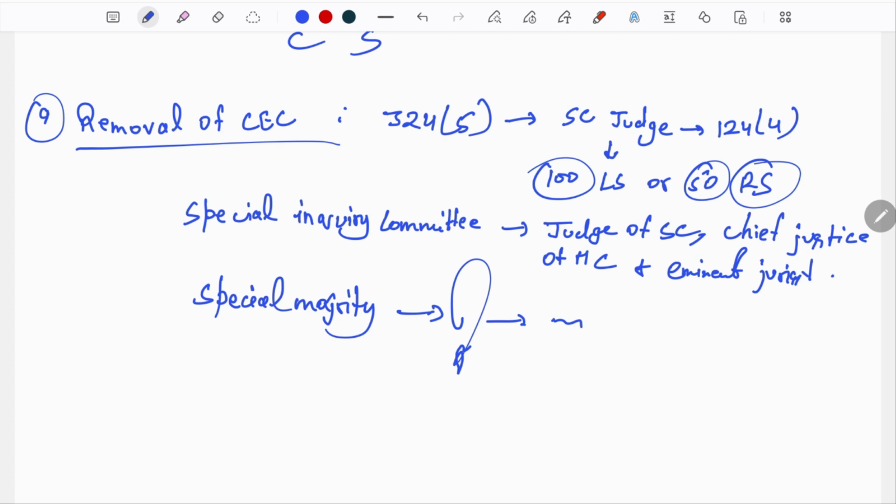It is the first instance, in March 2026, where a resolution for removal of a Chief Election Commissioner is moved in the Lok Sabha. Until date, no Chief Election Commissioner and no Supreme Court judge has ever been removed by this procedure.